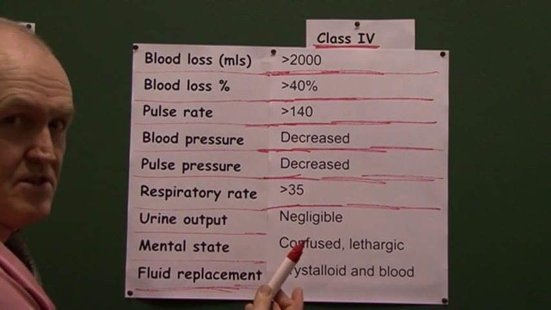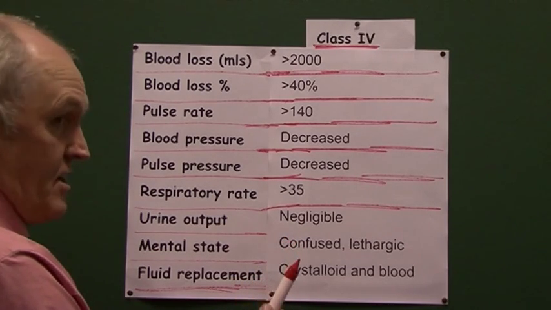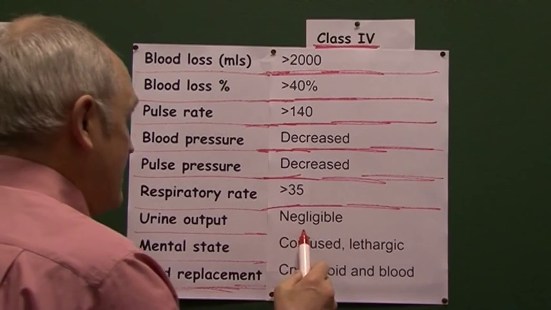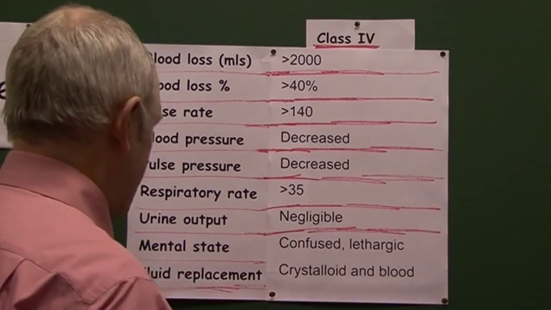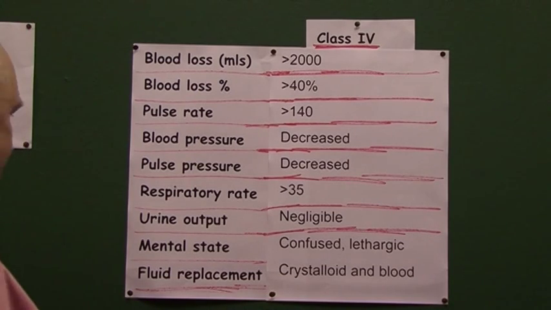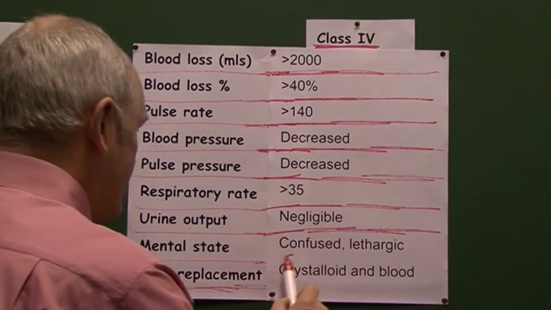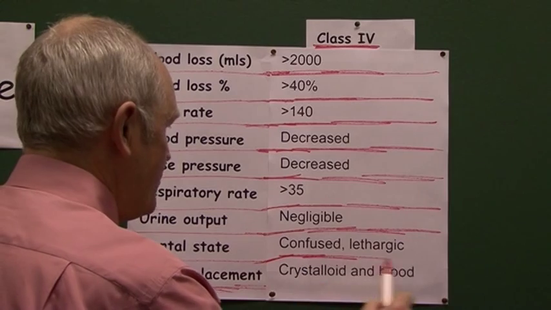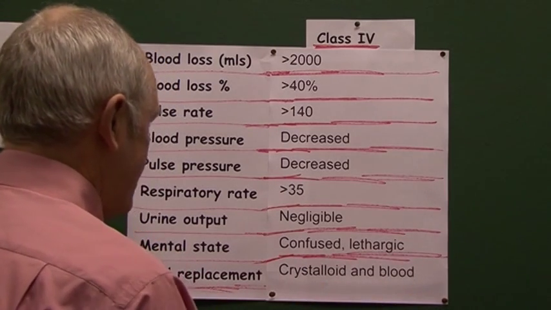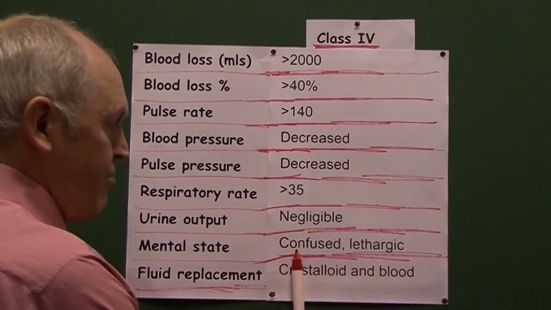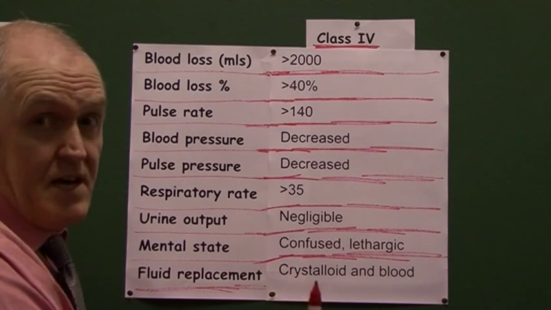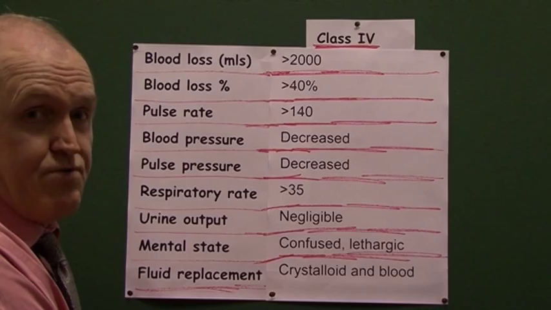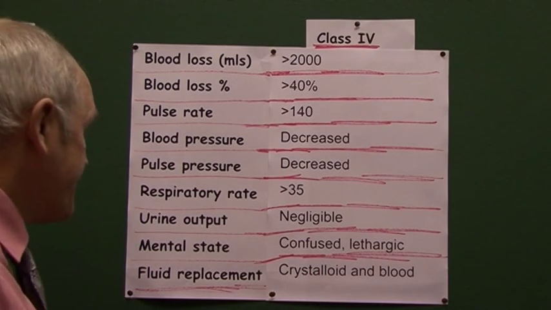Urine output doesn't matter too much because without treatment these patients are going to die anyway, but it's going to be negligible. The kidney is not being perfused. The mental state, the patient now will be confused, lethargic, and if a patient loses any more blood, they'll become unconscious. We say if a patient loses 50% of their blood, they're going to be unconscious, probably immediately before death.